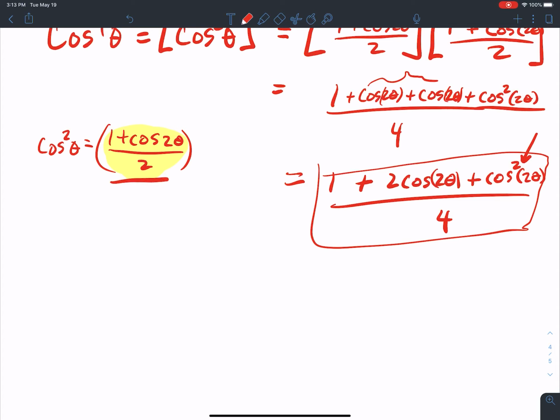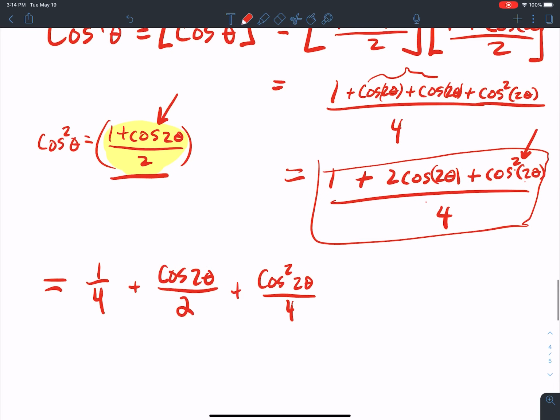Well, I can replace this again with a reduction identity. So if I divide through, I have 1/4 plus, now 2 divided by 4, that gives me cosine 2 theta over 2. And then this is cosine squared 2 theta over 4. But I want this to be a linear term, so I'm going to replace it with this.